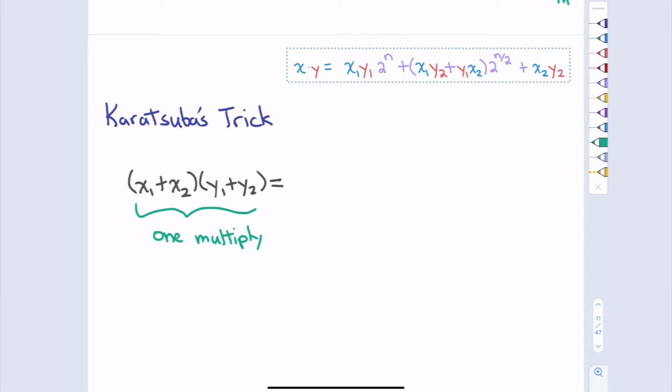All right, so let's look at this product: x1 plus x2 times y1 plus y2. If I just do things the old-fashioned way, what do I miss?